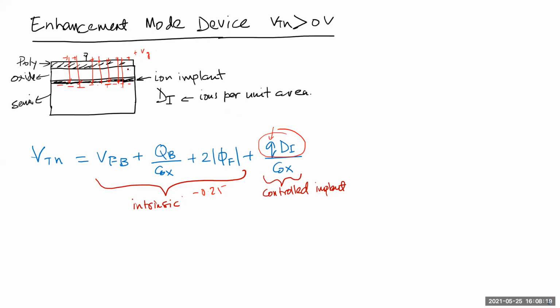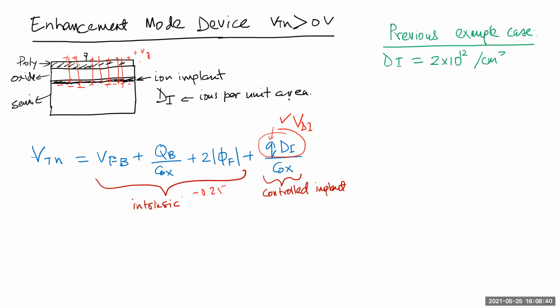So that charge divided by the Cox is the voltage I need to apply to overcome this, right? So you can call it V di or something. You have to add this voltage to cancel this charge first, and then you have the inversion to take care of, right?